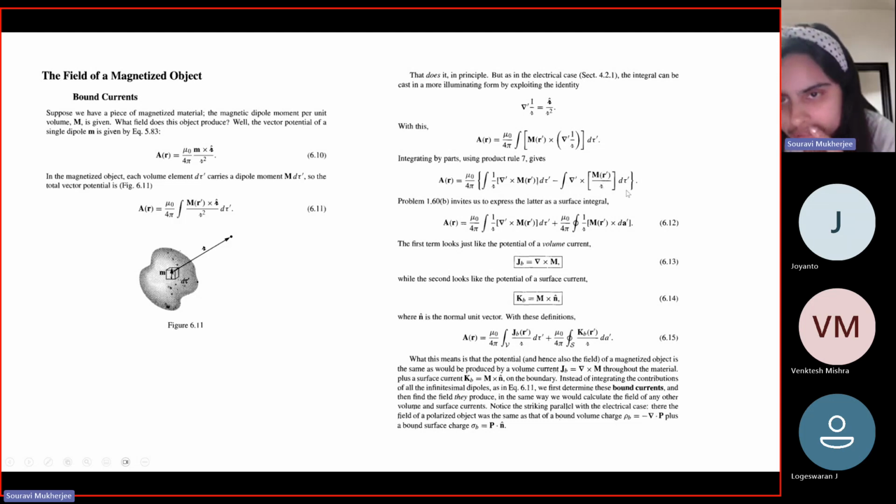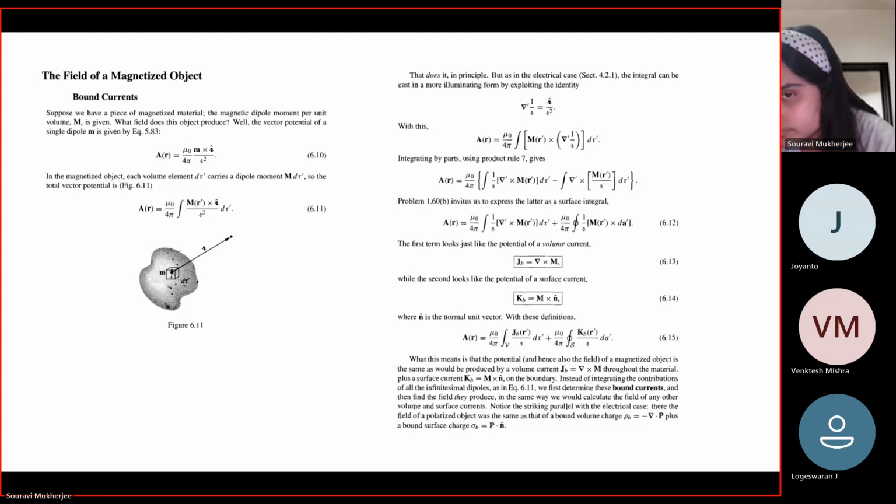So that entire term into d tau is equal to the curl of this term into dA. Then you have the curl of something, try to expand it, and that will give rise to this term. It's not directly from here to here. There are steps involved which change a volume integral to a surface integral.